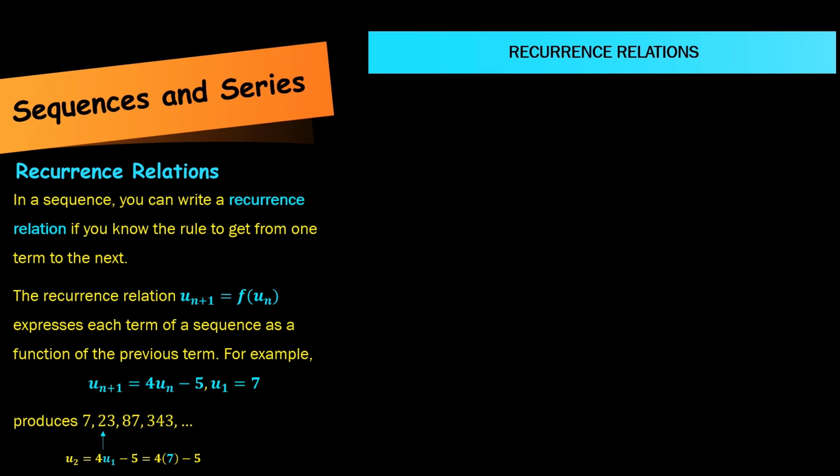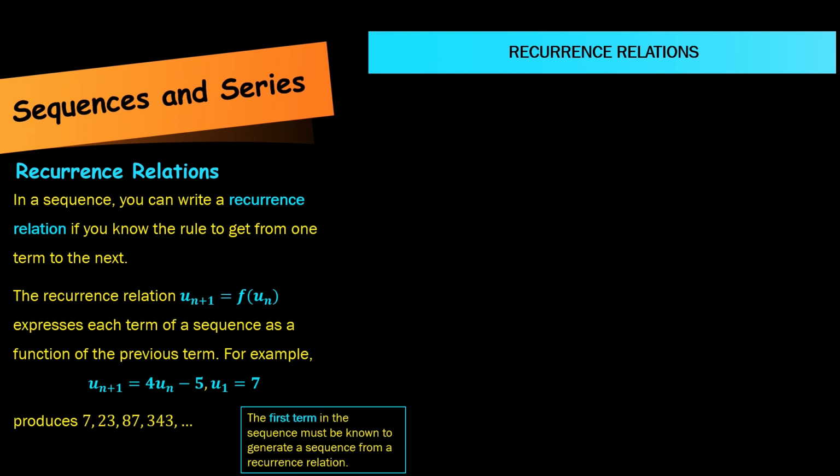And then u3 equals 4u2 minus 5. And because we know that u2 equals 23, we plug that in to get 4 times 23 minus 5. And similarly for u4, which is equal to 4u3 minus 5, which is equal to 4 times 87, which is the value of u3, minus 5. The first term in the sequence must be known to generate a sequence from a recurrence relation.